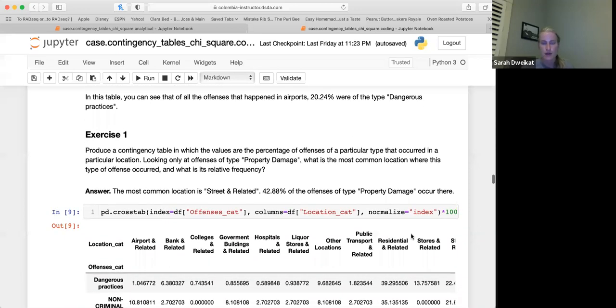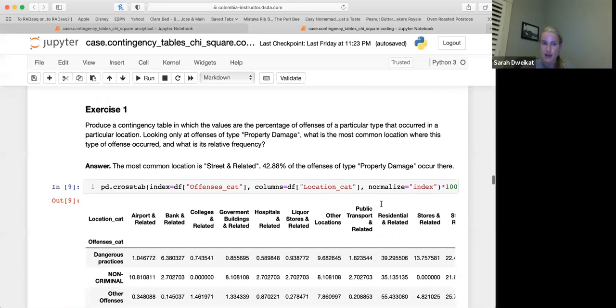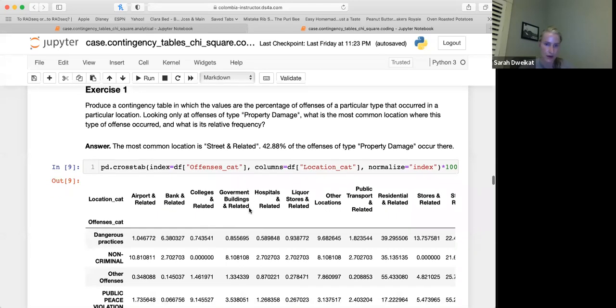So let's go over exercise 1. Here, it's the exact same code, except before we normalized it based off of column, and now we're normalizing it on rows, or index. So let's look at how this changed.